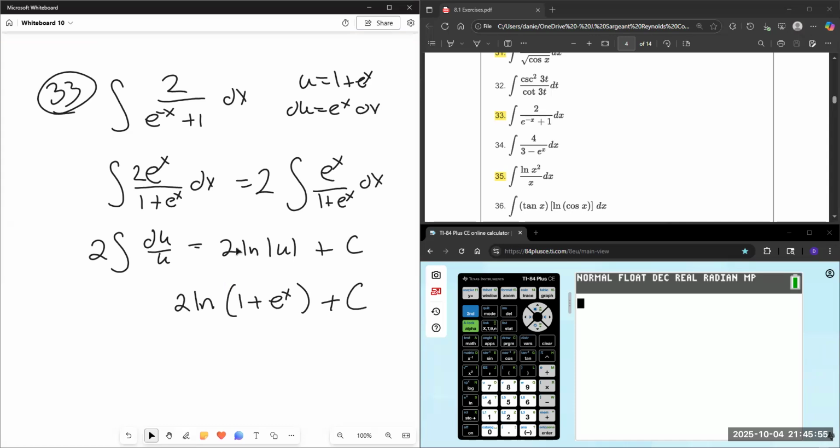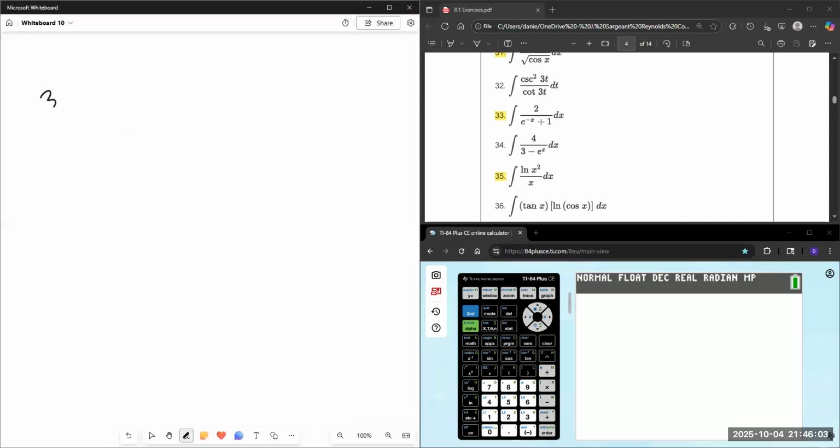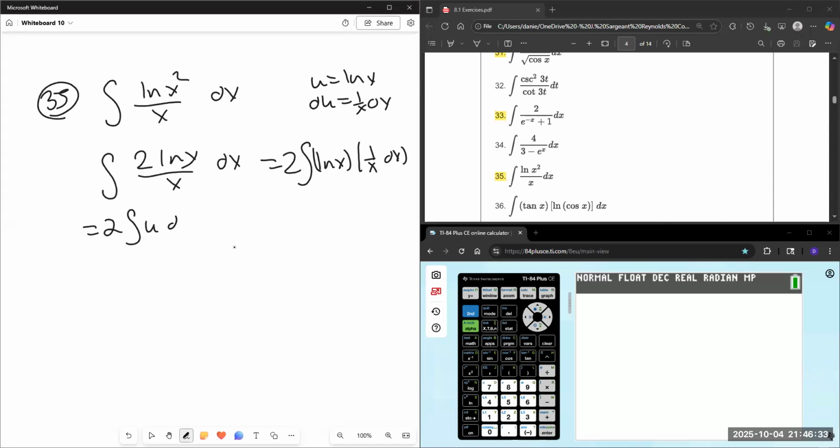So let's look at number 35 next. 35 says integral of ln of x squared over x dx, which is integral 2 ln of x over x dx, which is 2 integral ln of x times 1 over x dx, where u is equal to ln of x and du is 1 over x dx, making this 2 integral of u du.